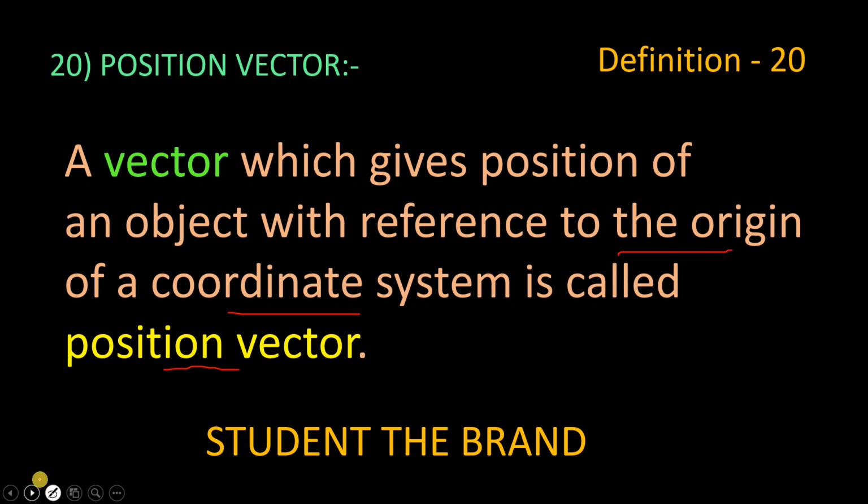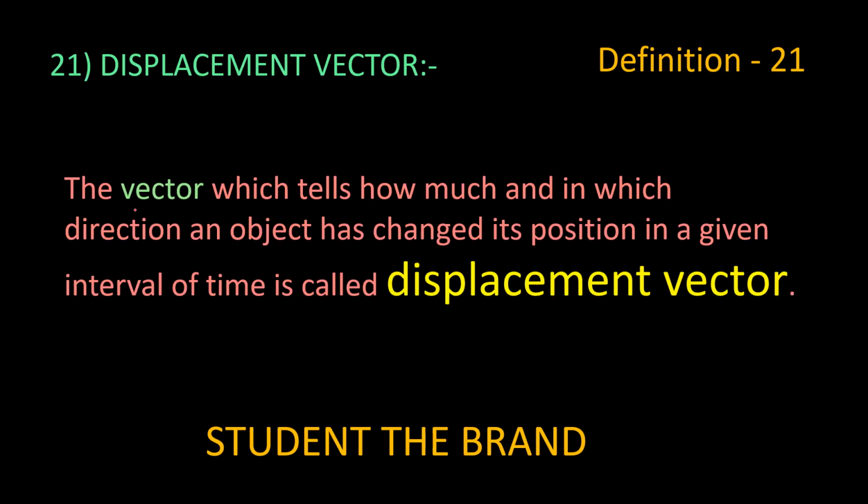Next, we can go to the displacement vector. The vector which tells how much and in which direction an object has changed its position in a given interval of time is called a displacement vector.